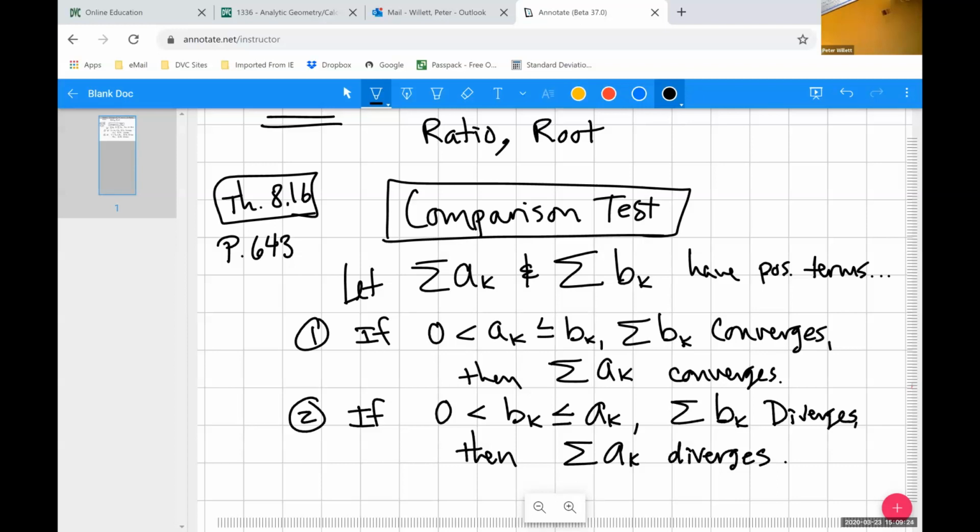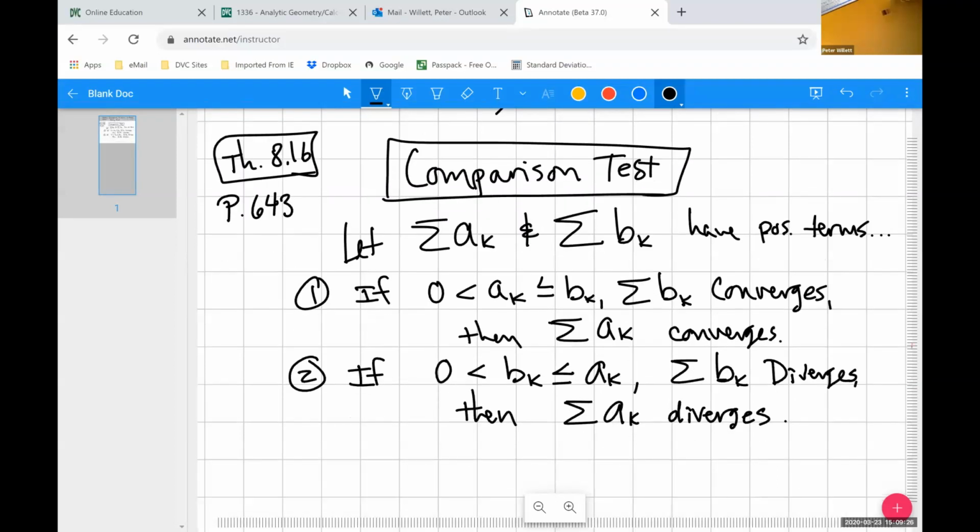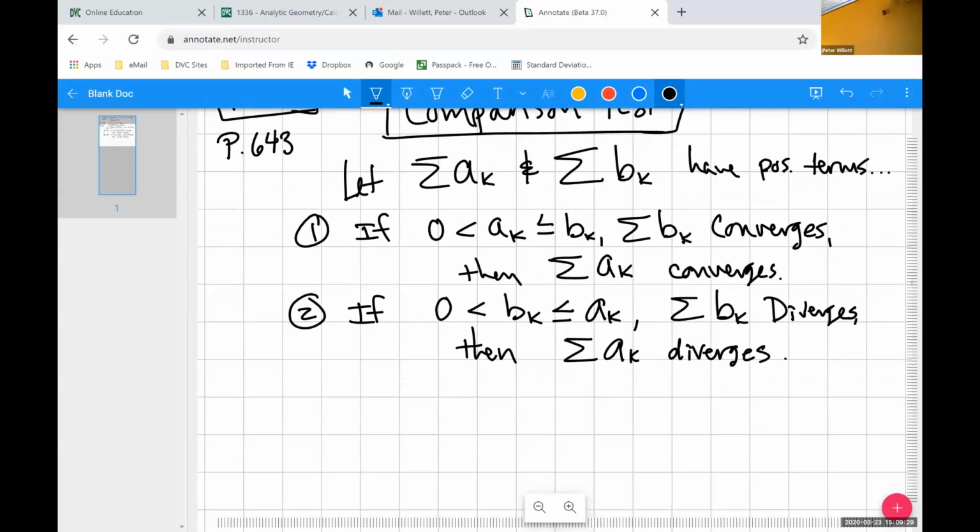So we can look at a simple example of this. Let's just do one from here. So consider, let's say you're trying to determine the series as k goes from 1 to infinity of 1 over k squared plus 10.